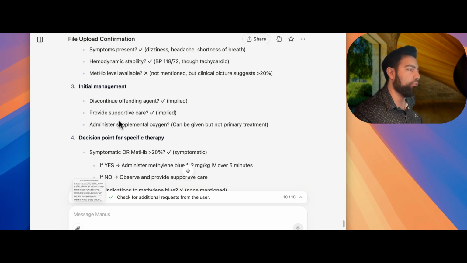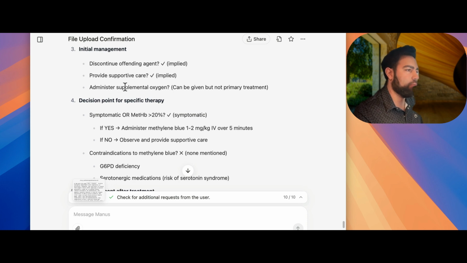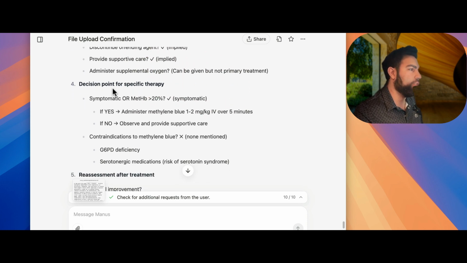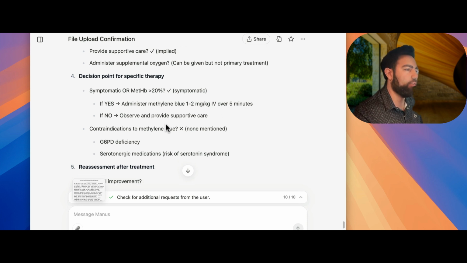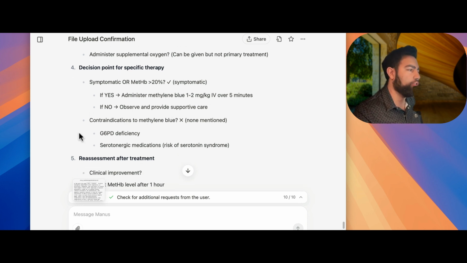Discontinue the offending agent, provide supportive care, administer supplemental oxygen, which can be given, again, not really primary treatment. Decision point: symptomatic or, just remember that, symptomatic or methemoglobin greater than 20%. Okay, so very important. If yes, administer 1 to 2 mg per kg IV over 5 minutes. If no, observe and provide supportive care.